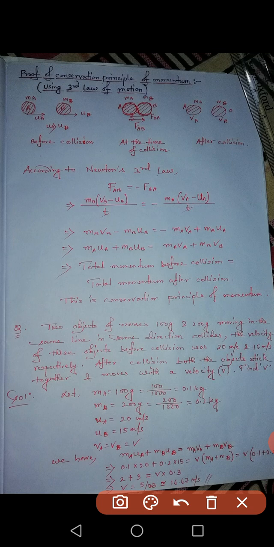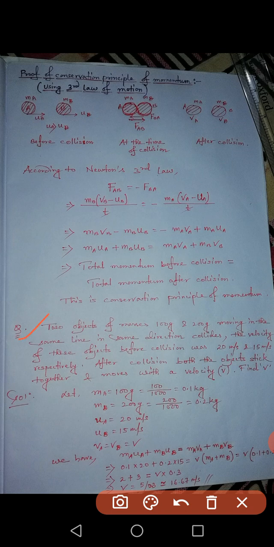Initially their speeds are uA and uB. Finally their speeds after collision become vA and vB. At the time of collision, both are exerting force on each other. One force is FBA, the force on A by B, and the other is FAB. In that way you will write the things for all kinds of derivation.